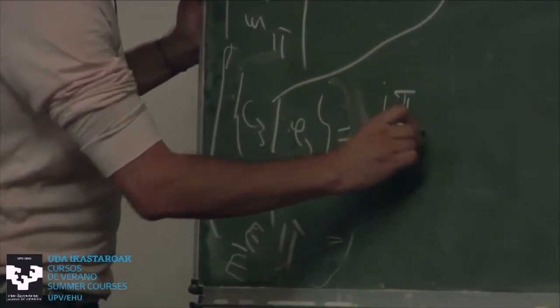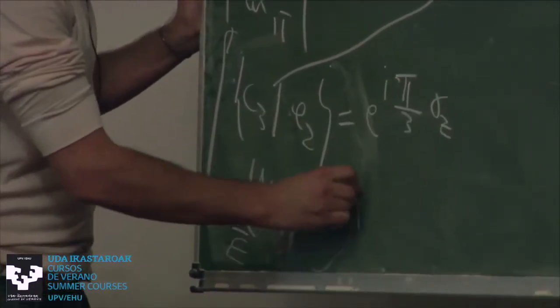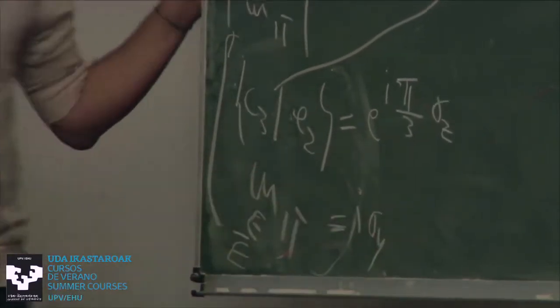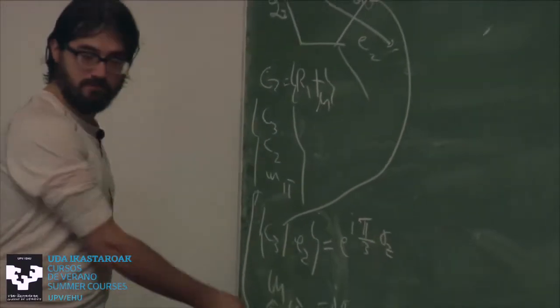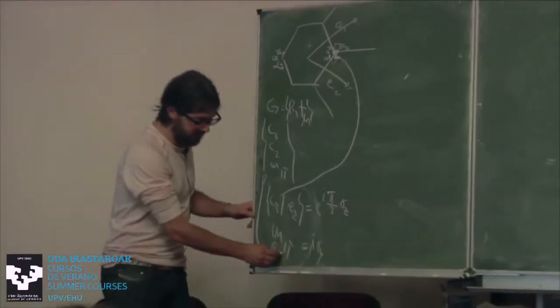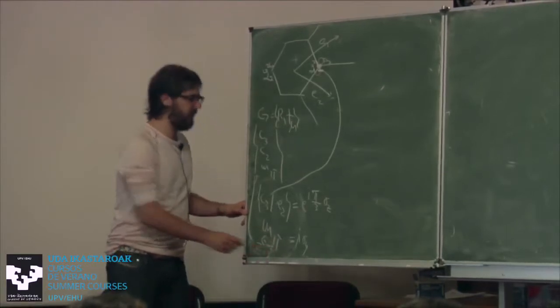So pi over 3 times sigma z. And this was what? I sigma y? Was that what we gave last time? Okay. And this was the identity in the representation, and this was minus the identity.